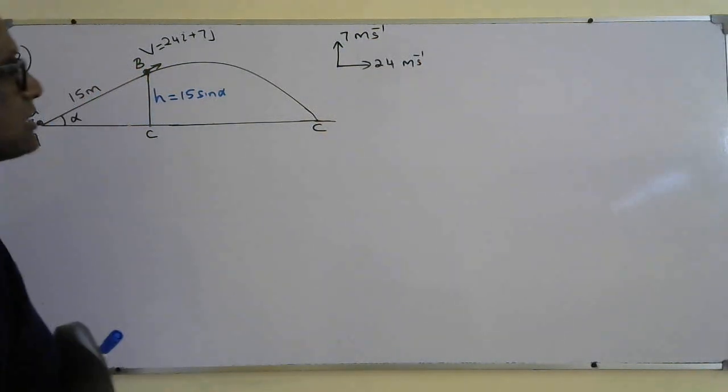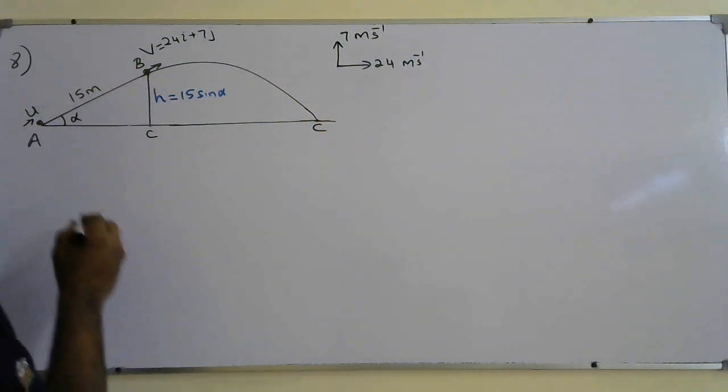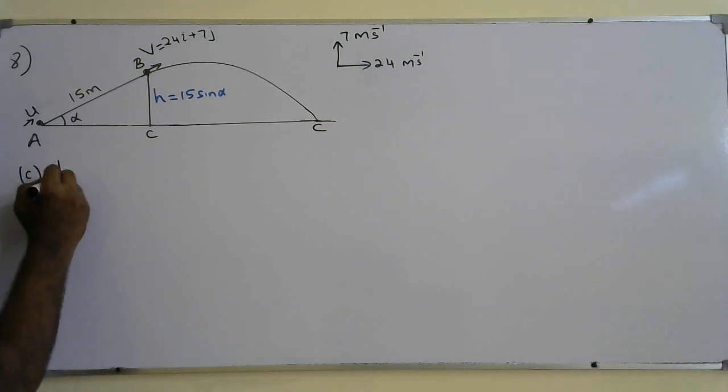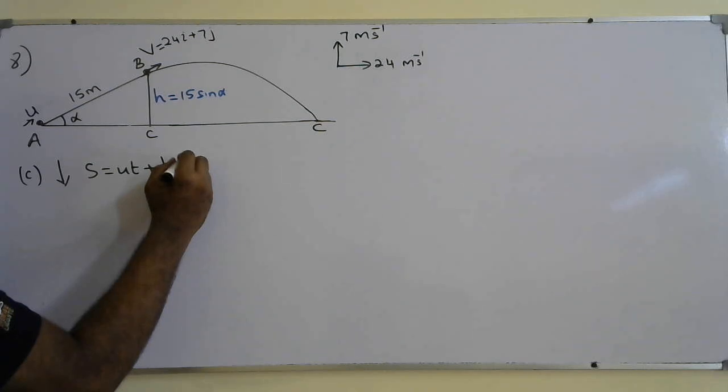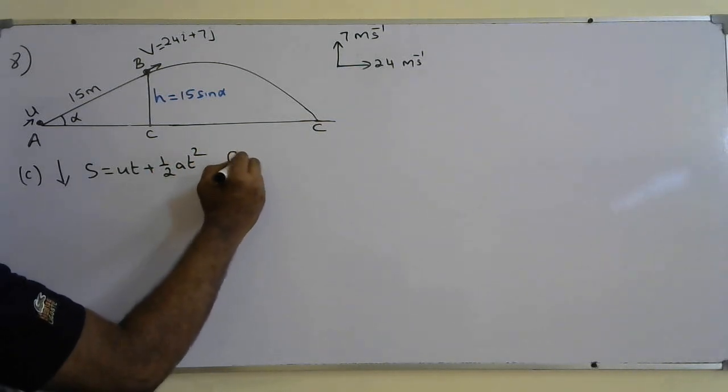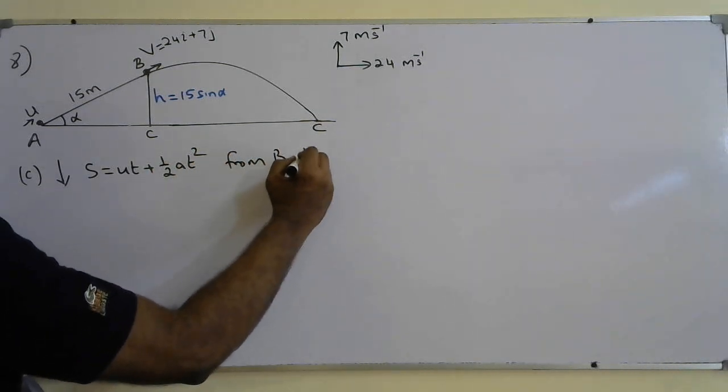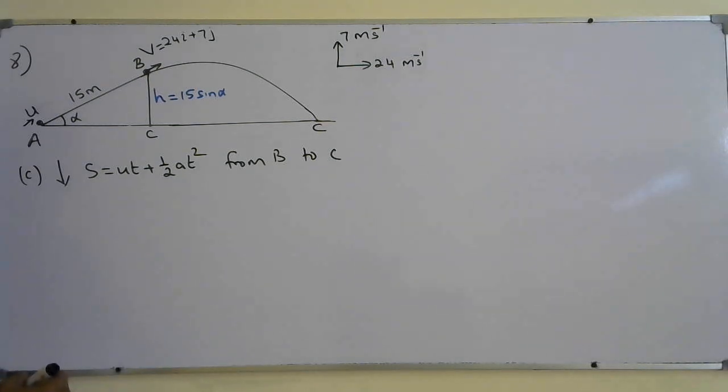So they have to find the time taken. So C part, we can use downwards, s equals ut plus half at squared for the motion from B to C.